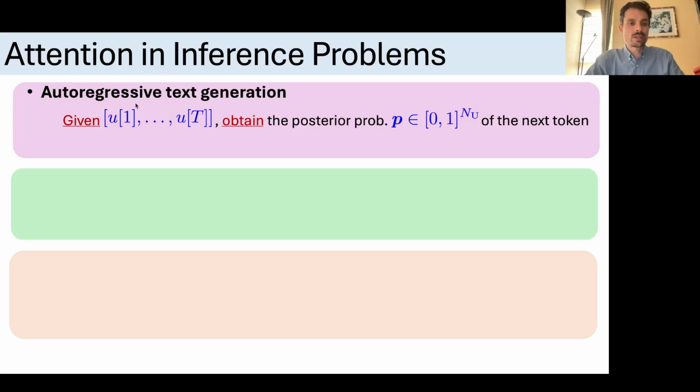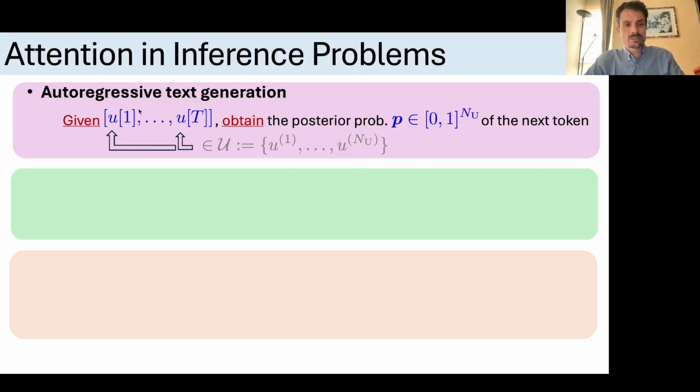So given a sequence of tokens, the problem is to obtain a vector with the posterior probability of the next token, right? So the dimension of this vector is precisely the number of possible tokens, right? So the tokens are in a finite dictionary, right?